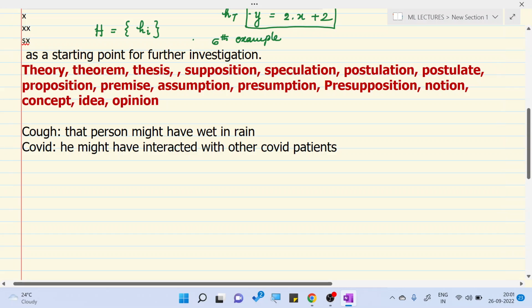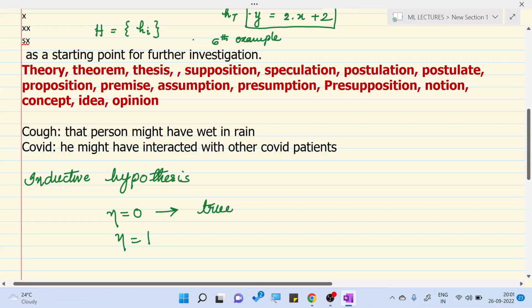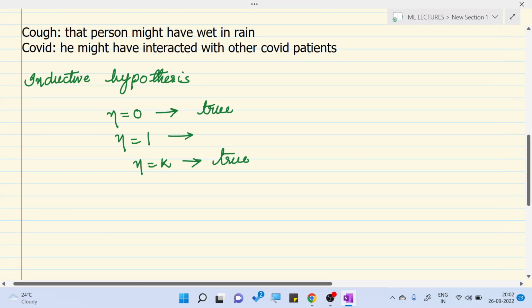At the same time, let us close this topic by defining what is inductive hypothesis. You know mathematical induction, that for a given theorem, we start with a base case n is equal to 0. We prove that it is true for n is equal to 0, then we prove that it is true for n is equal to 1. Then we prove that if n is equal to k, that is true, then it should also be true for n is equal to k plus 1.